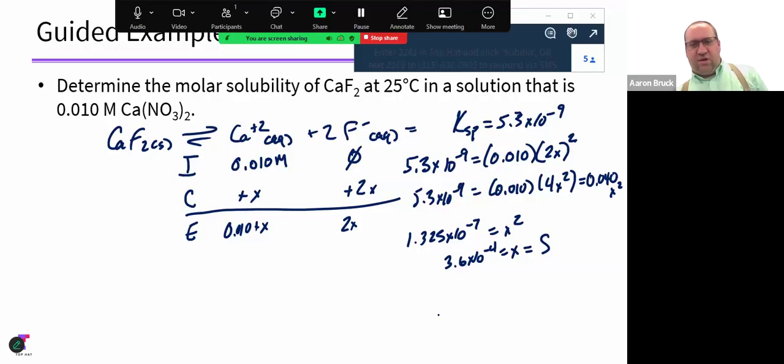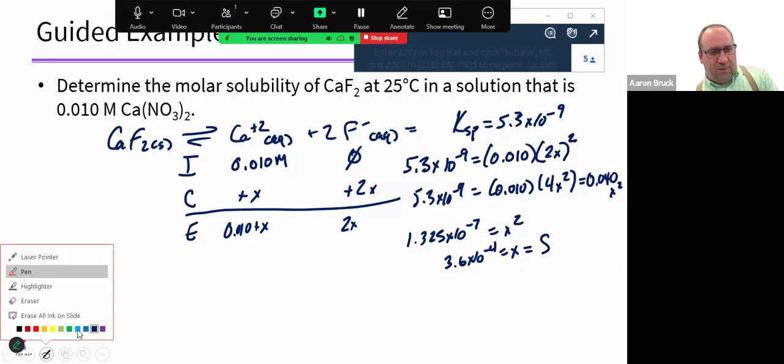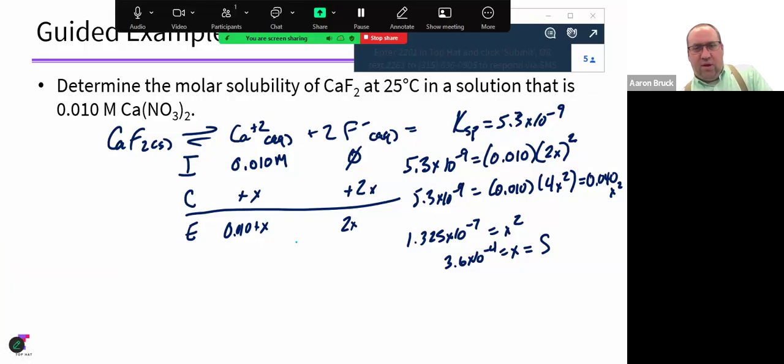It asked us to calculate the molar solubility. Let's just double check the numbers real quick. 0.01 plus 3.6 times 10 to the negative 4th would give us 0.0103, so that's going to remain at 0.010.